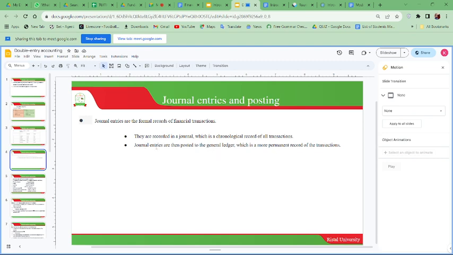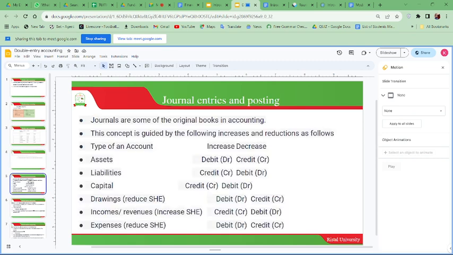So after making the journal entries, you then post them to the general ledger. Journals are some of the original books in accounting. This concept is guided by the following increase and reduction.